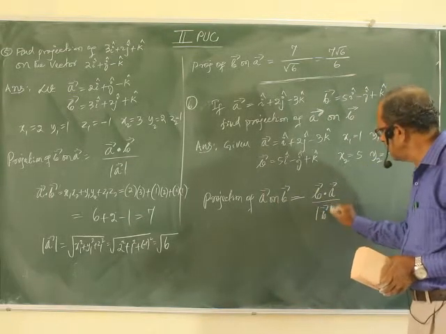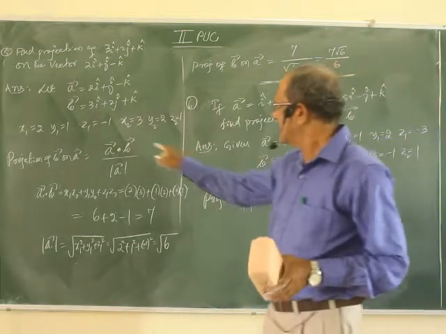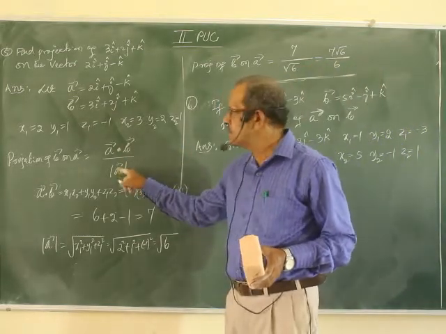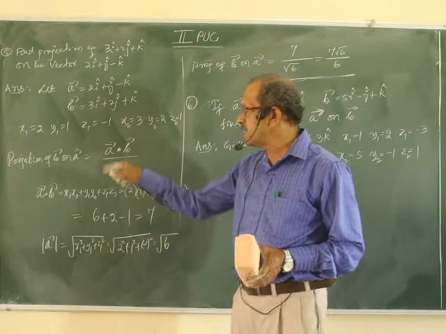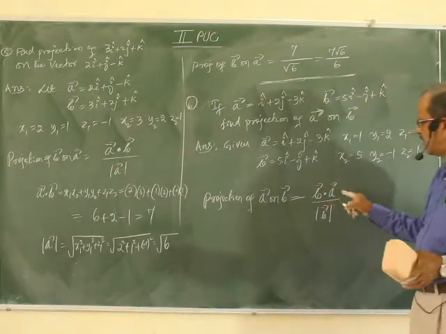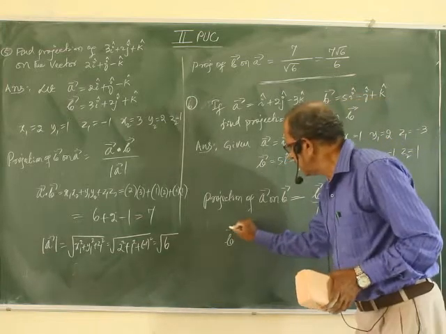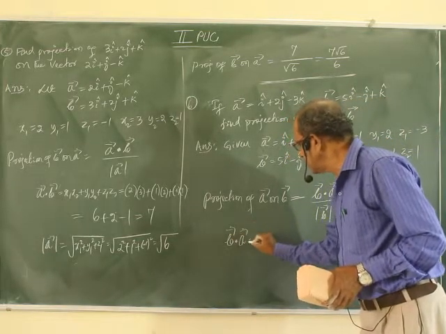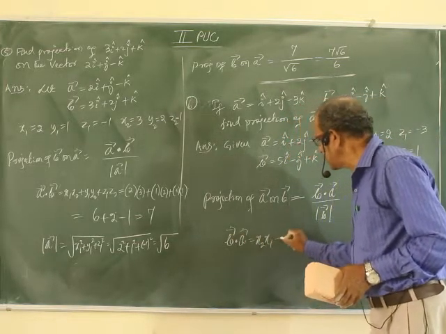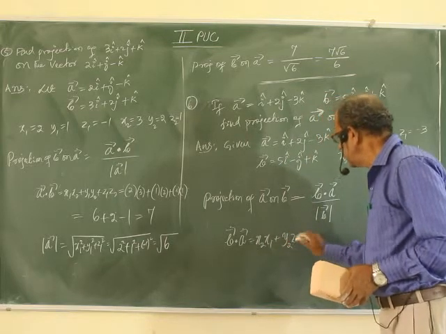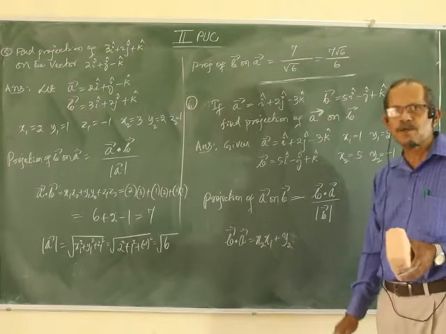A dot B by mod A is the projection of B on A. Projection of A on B is B dot A by mod B. B dot A is x2 x1, actually the same. x1 x2 or x2 x1, one and the same, no?